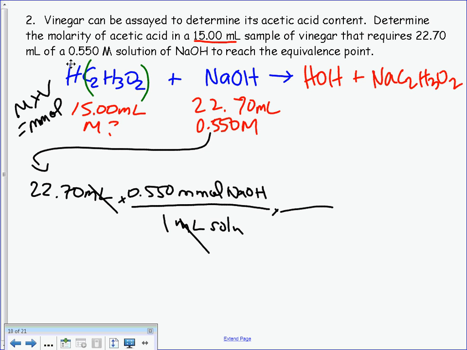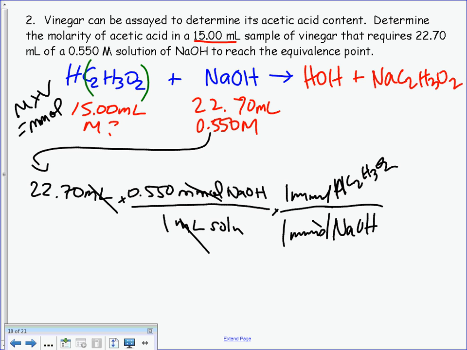Okay, so then what's next? What's that mole ratio? 1 to 1. So this is 1 millimole of acetic acid over 1 millimole of base, sodium hydroxide. It's just the same thing. I'm just showing you a different variety of units here.